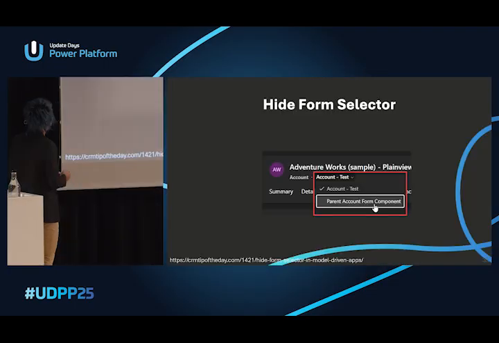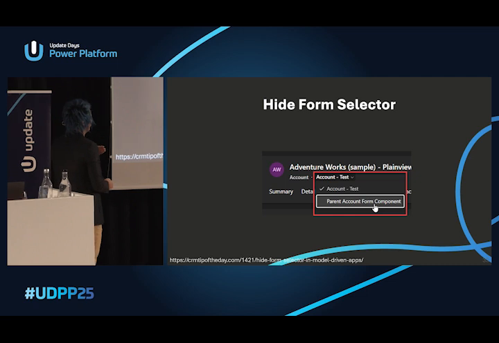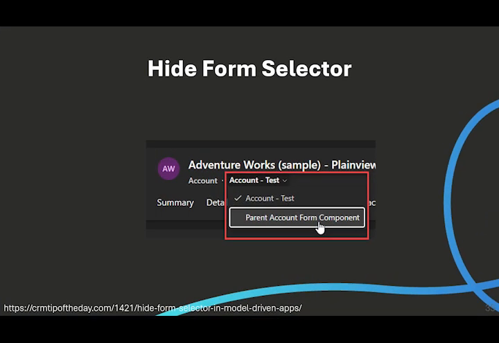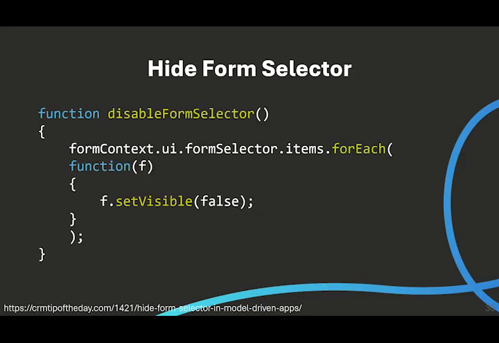So as a result, we have this main form, and we have these form component forms, like you have a lot in the drop-down list. In order to hide those unrelated forms, you can loop through this form selector and items, and you can set disable.